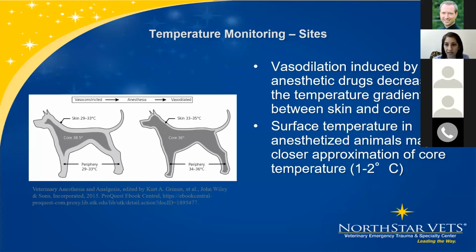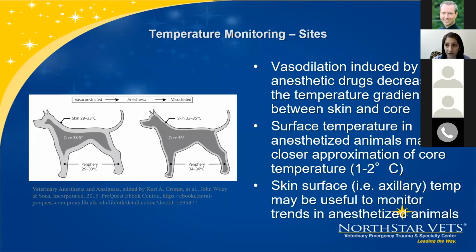In these cases, you may be able to use the axillary temperature as a reasonable estimate of core body temperature minus probably 1 or 2 degrees. So we'll often take an axillary temperature, say, okay, if it's 98 at the axilla, then it's probably about 99 to 100 or so for a core body temperature.